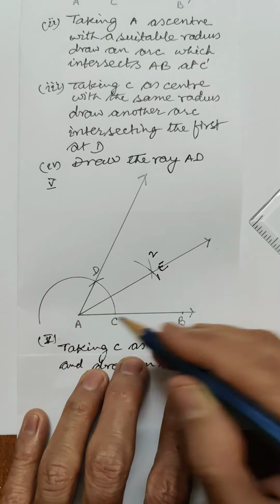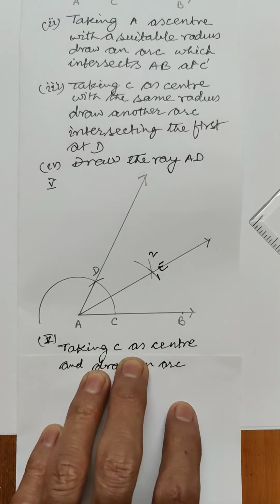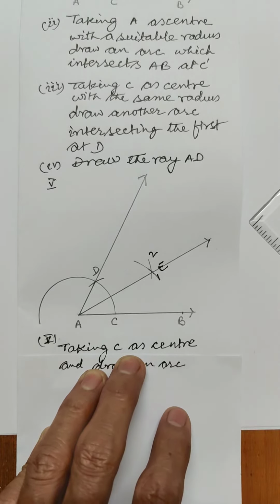Thus, angle EAB is the required angle of 30 degree.